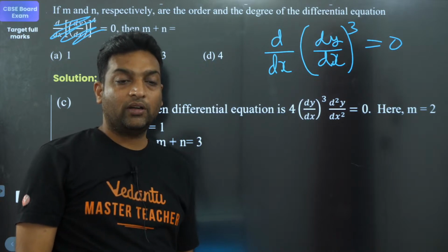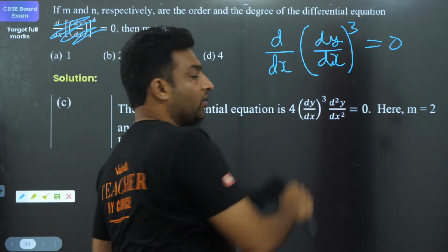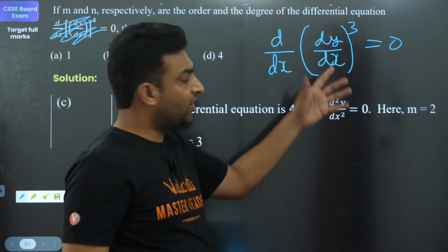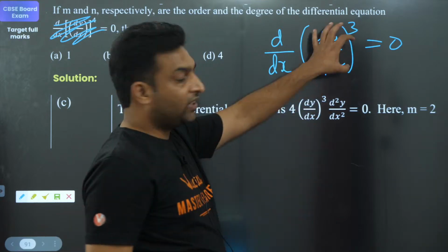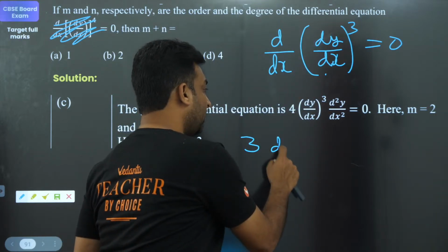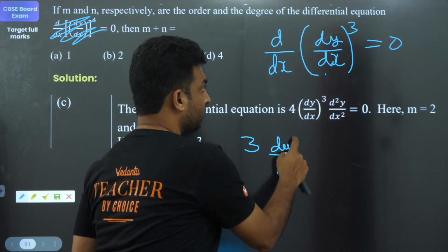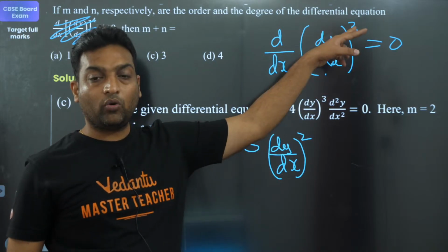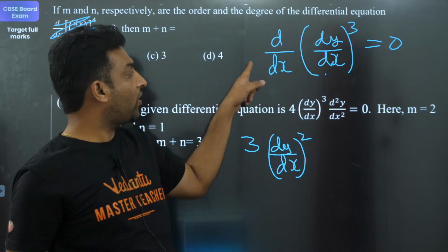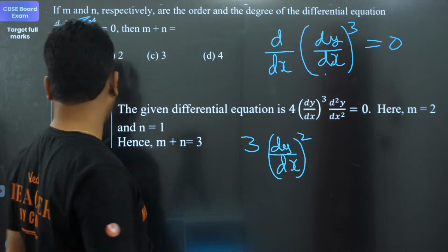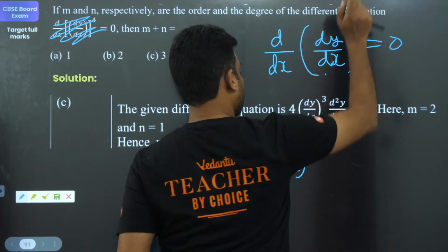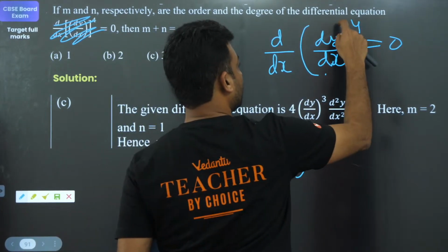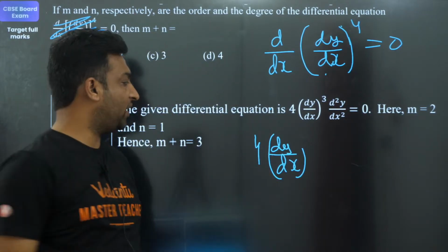Okay, now you simplify this. You cannot differentiate from your own side, but whatever is written you can simplify. So the derivative of t cube will be 3 (dy by dx) whole square. The derivative of (dy by dx) whole cube: 3 will come in front. The question is written to be raised to power 4, so 4 into (dy by dx) whole cube.